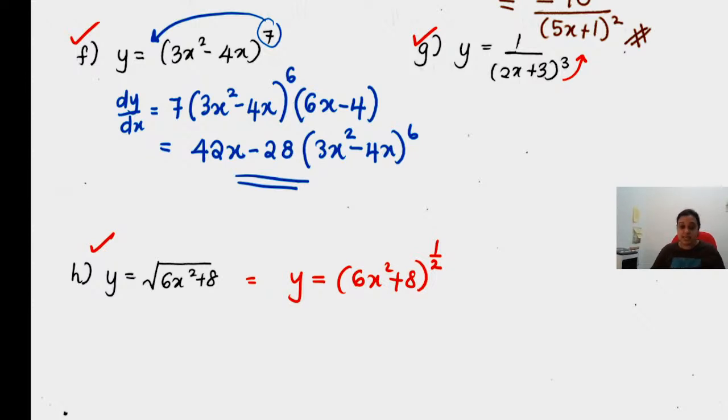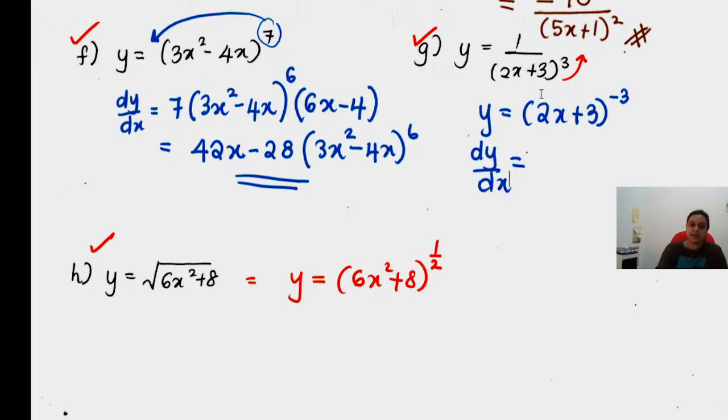For G, first step, you must bring the entire denominator to the top. So when you move it to the top, it will become 2x plus 3 power of negative 3. The power will become negative. Now you find the dy dx.